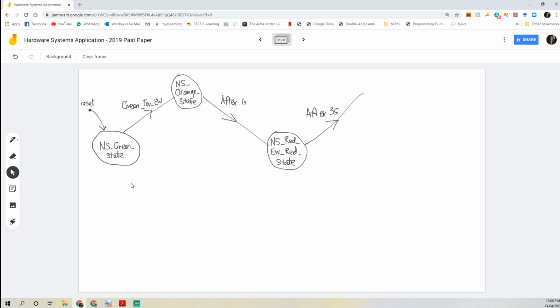This is where I'm going to go into my east-west red plus, I'm going to change the name to orange since I had orange before. I know I wrote it down as amber, I'm just going to change it to orange, okay? So this is where I'm now going to have my east-west red plus orange state here.